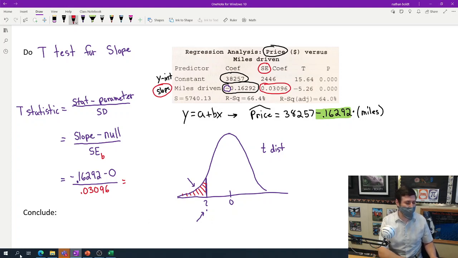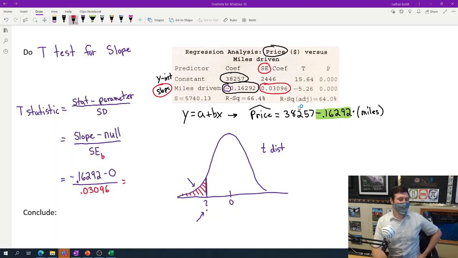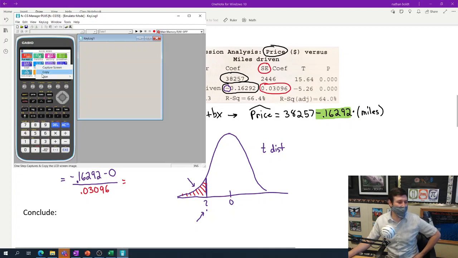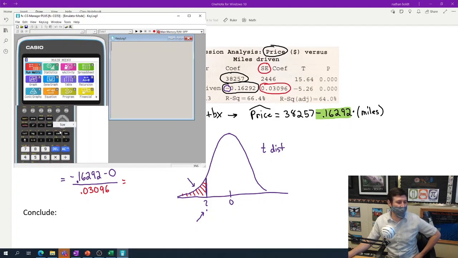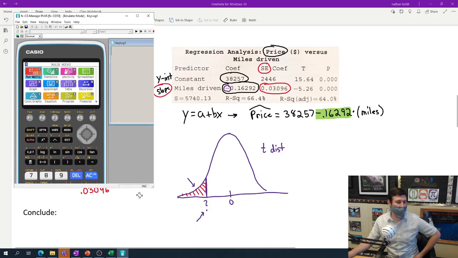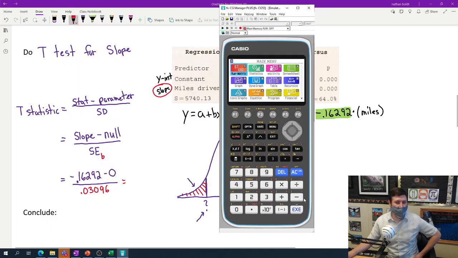I need to do that on a calculator now. Let me pull up a calculator. I can't do that many decimals in my head. Loading. There we go. Let me make that a little bit larger. All right, let's type that in.